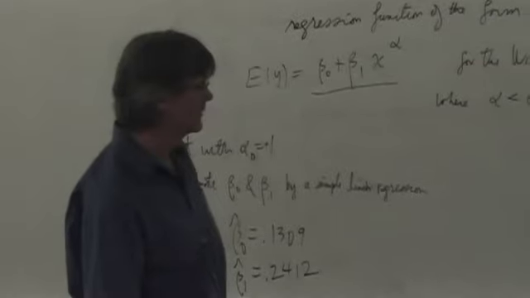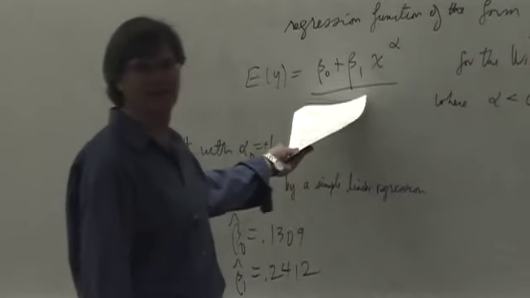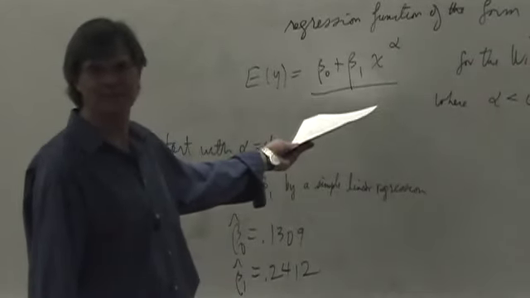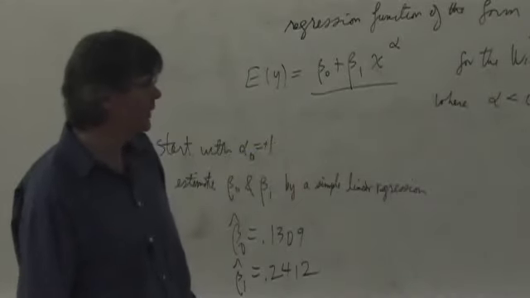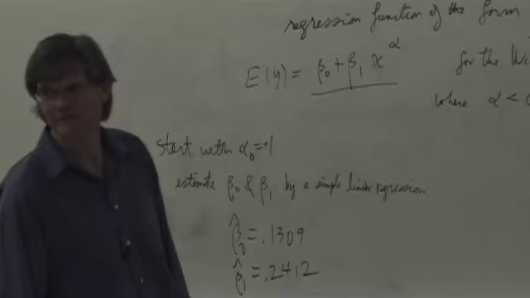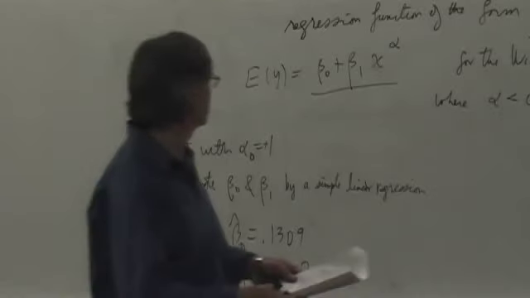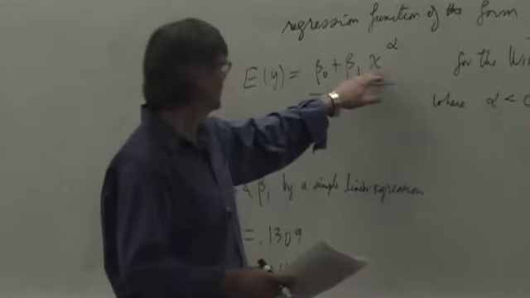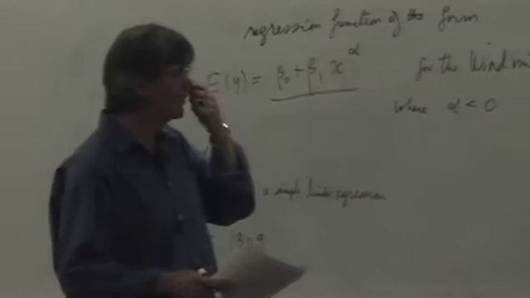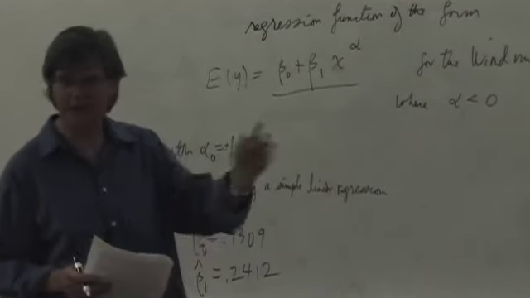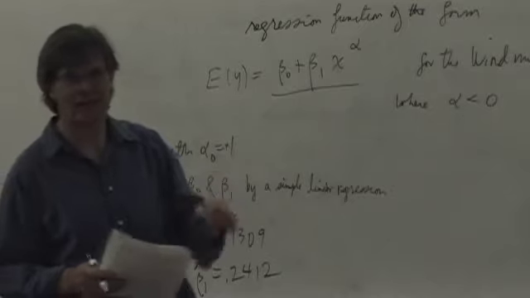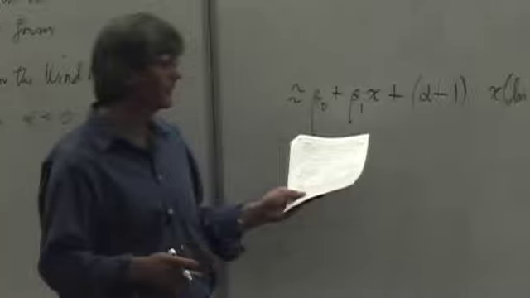That's a linear approximation to this function in terms of the parameters beta 0, beta 1, and alpha. So really what I needed was a linear expression here. So now I have 2 regressors, x and x log x, and what I can do now is multiple regression.